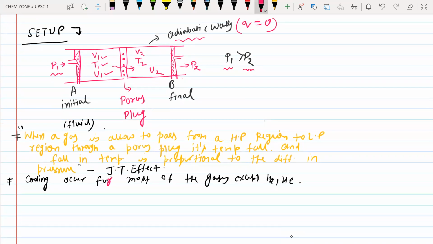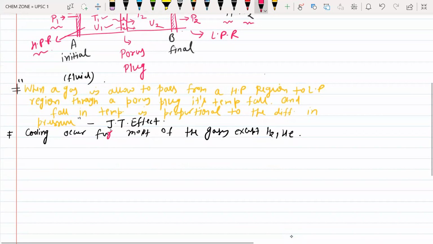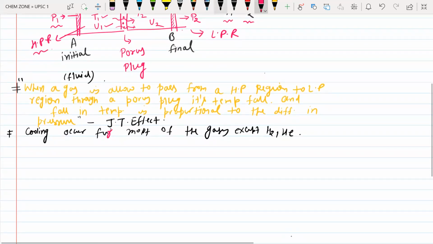Initial pressure is higher than the final pressure of the gas. This is the low pressure region, and this is the high pressure region, and gas is moving in this direction. So let us take the point A.